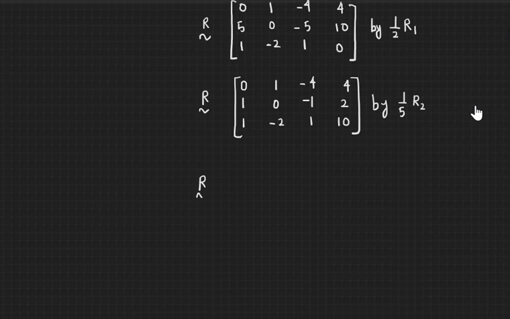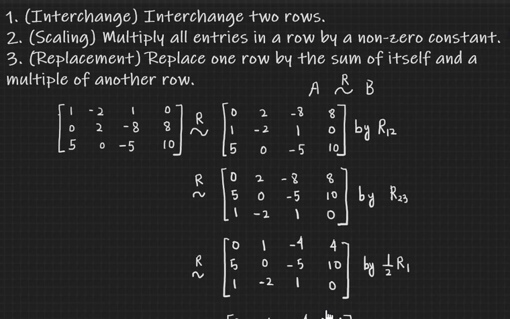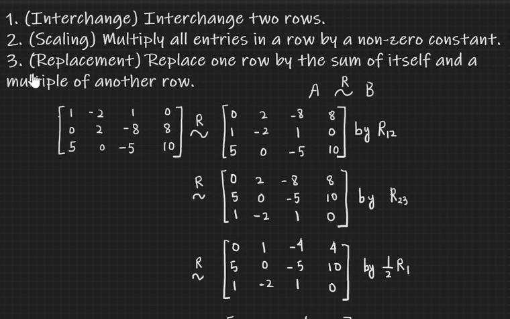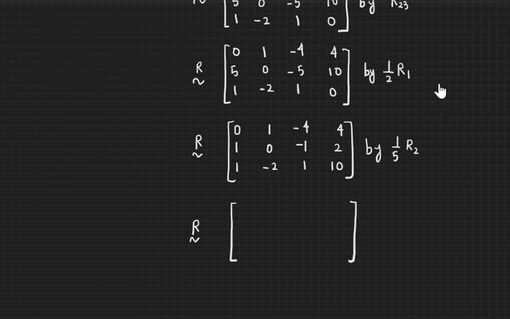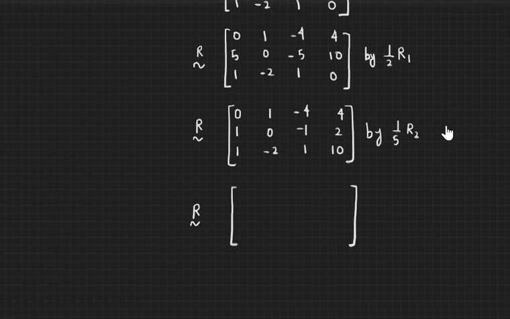Get the row equivalent matrix, apply the third elementary row operation on this matrix. The third elementary row operation says that we can replace one row by the sum of itself and a multiple of another row. Let's write that in symbolic form.